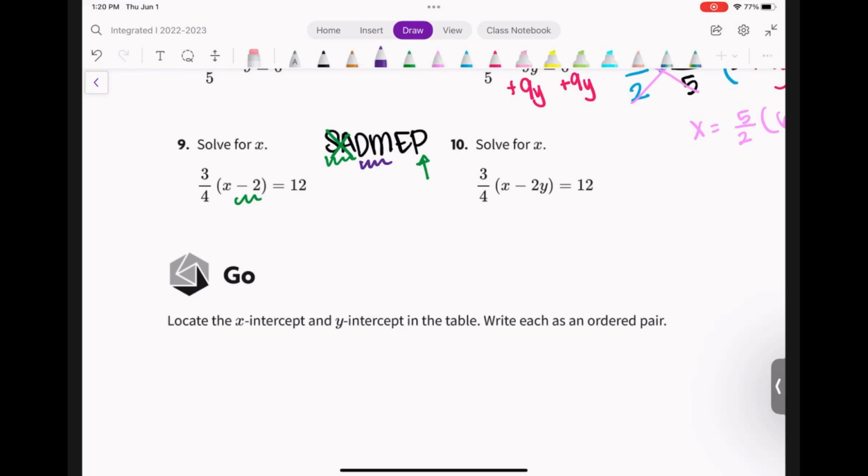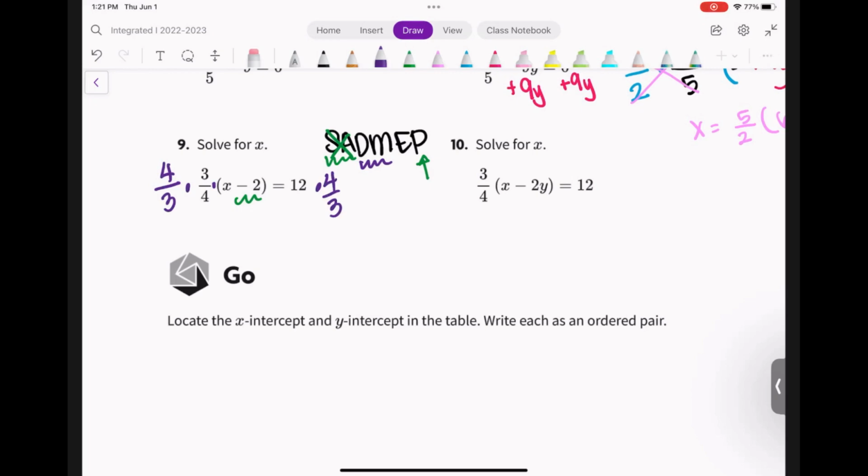Because if they're separate like that, then I can break them up and switch them, which ends up just being multiplying by the reciprocal. That makes sense because there's an invisible times right here, and the way you get rid of multiplication is you divide. Dividing by a fraction, back in 6th grade, I think, means multiply by the reciprocal. So whichever way you see it doesn't matter. I'm going to multiply by 4 and divide by 3 on both sides.